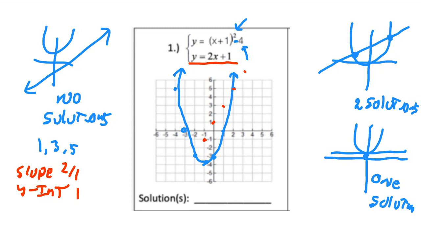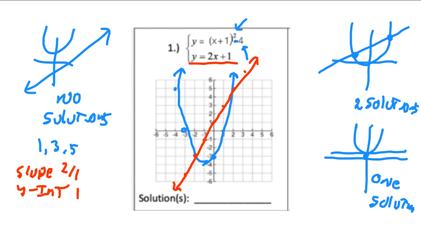Why am I doing it this way? Because I want my graph to have a lot of points. So when I draw my line in, I've got a good line. So there's my graph. My graph is my work. It's not my answer. My answer is where the two lines cross, okay?